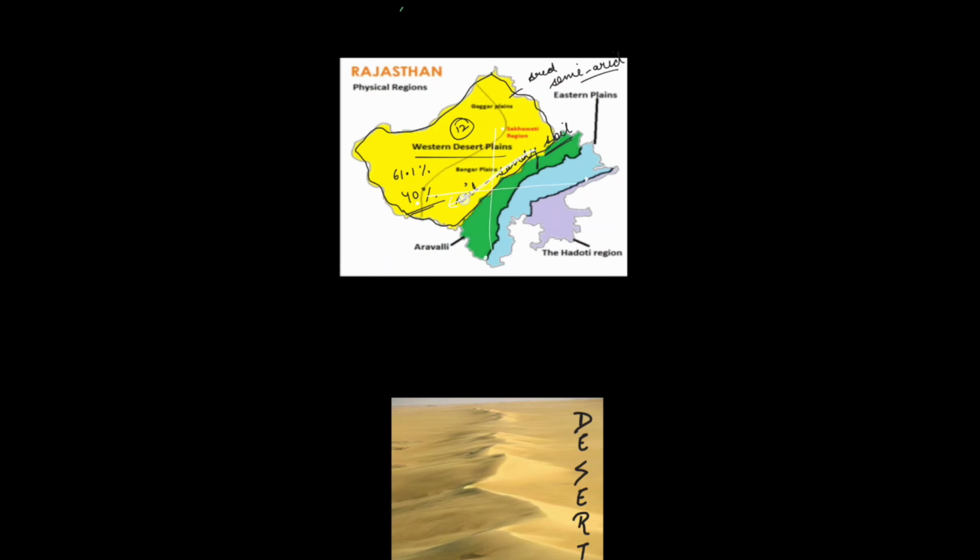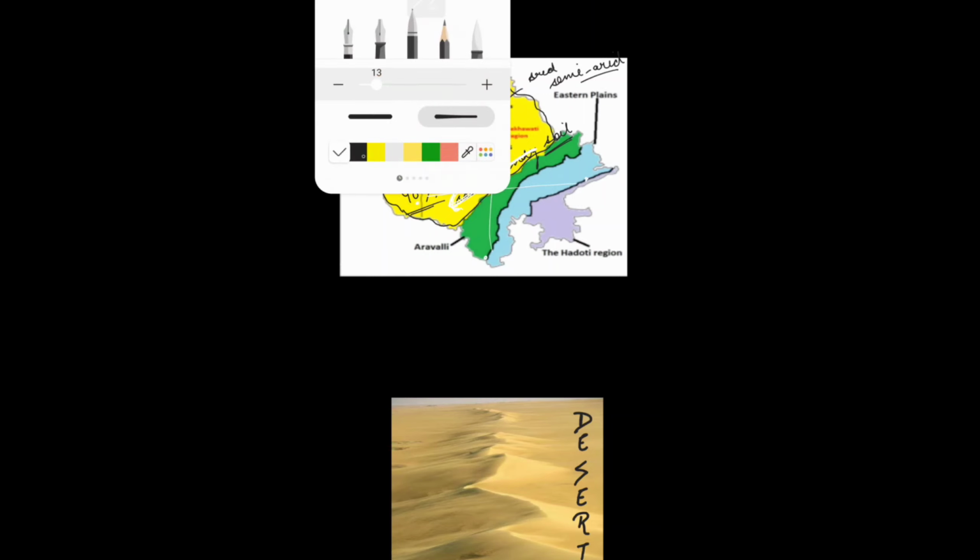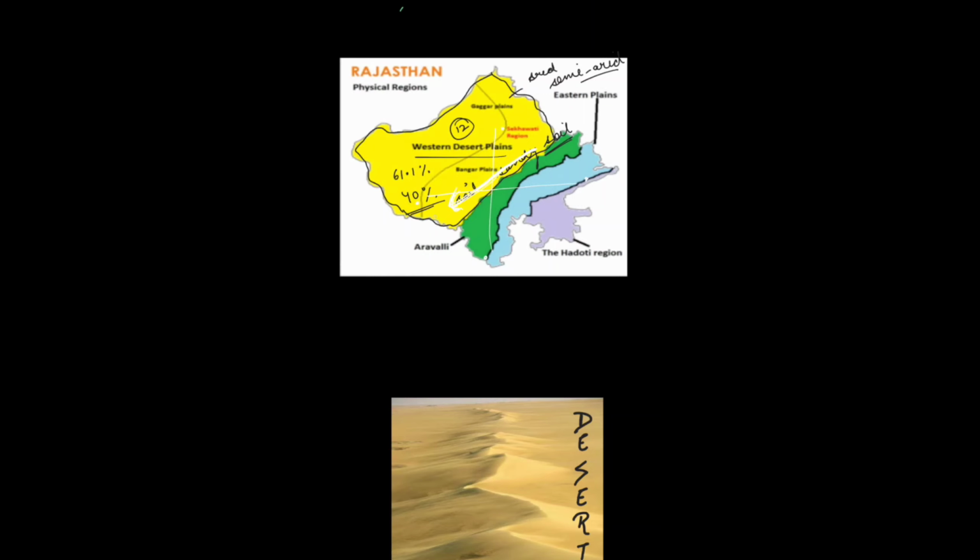So if the slope is like this, all the rivers in the desert area will follow the same route and they will fall in Arabian Sea, right? Like this is the Gujarat over here, and further the rivers that will fall will be in the Arabian Sea or in the Gulf of Cambay, or we may say Khambat.